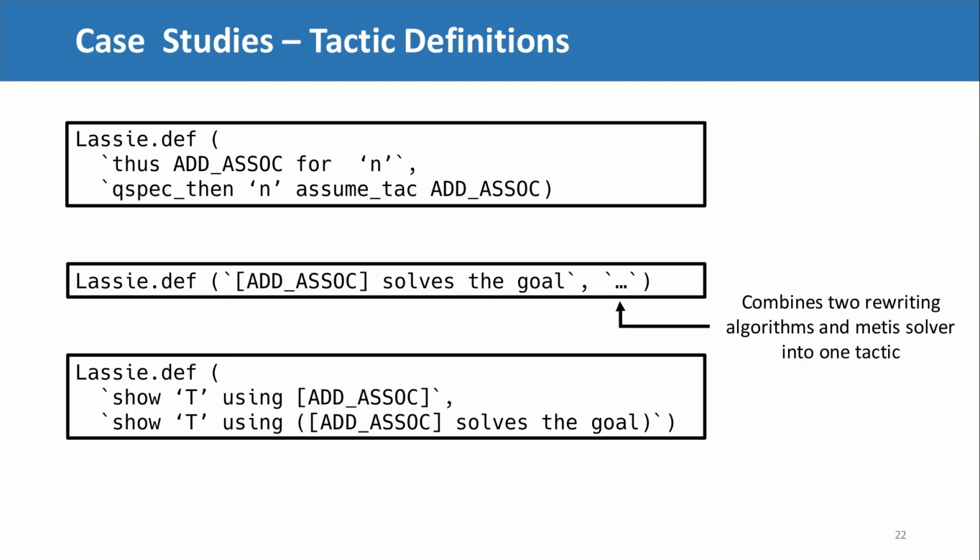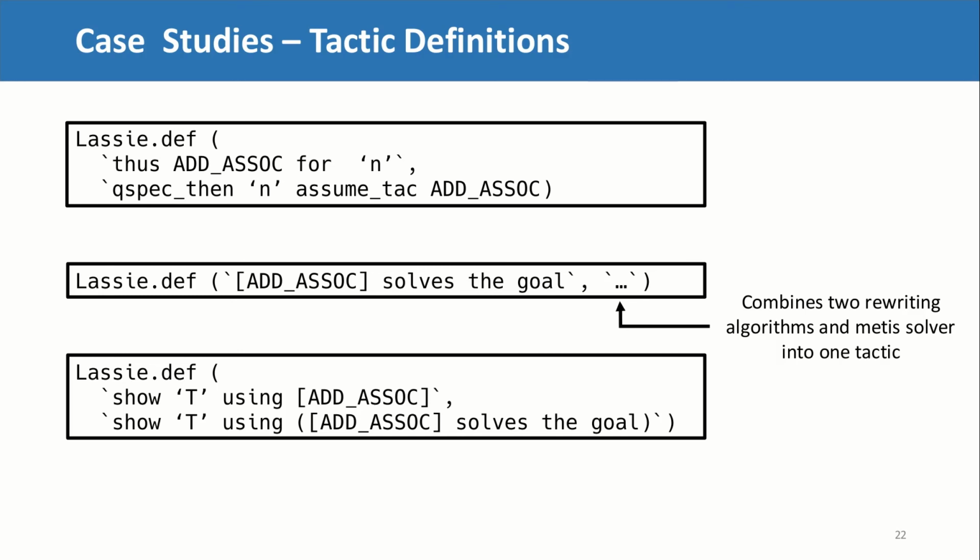The first one works similar to what we saw earlier, where we define by example a new Lassie tactic, thus add assoc for n, which specializes the add assoc theorem for the natural number n, and then gives a HOL4 equivalent, which is then, as we saw earlier, automatically generalized into a kind of general purpose specialization tactic.